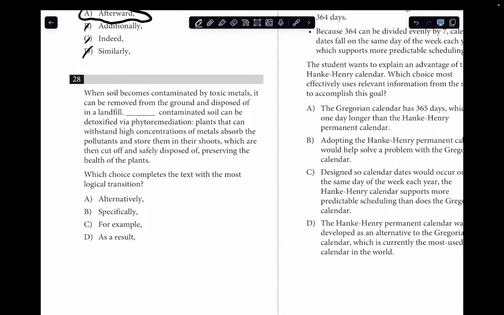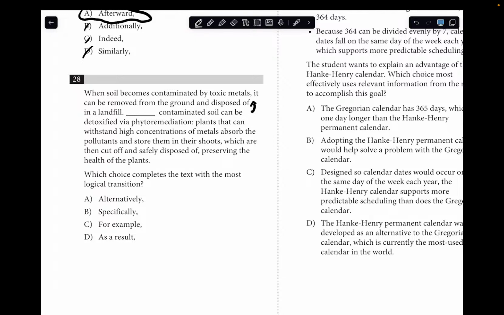Okay, so it's saying that the plants can take the pollutants and store these pollutants in their roots, and that connects to the first portion of the passage by saying this is a specific example of this occurring.